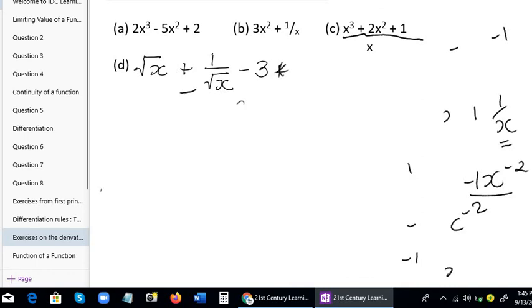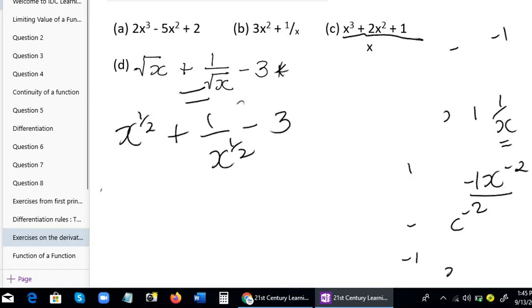Whenever you have a function like this, the first thing, root x is the same thing as x to the power 1 over 2. Reverse the operation, because I told you that the power 1 over 2 is the same thing as the root of that number. Okay? So now, plus 1 over root x is x to the power minus 1 over 2, minus 3.